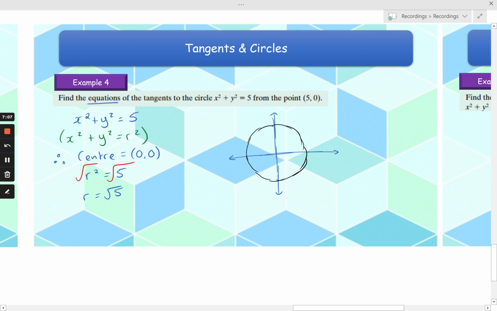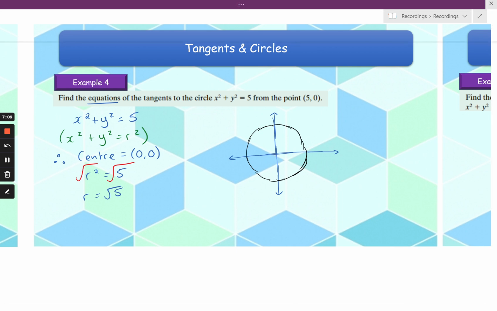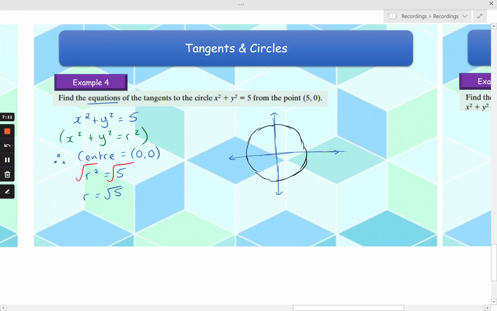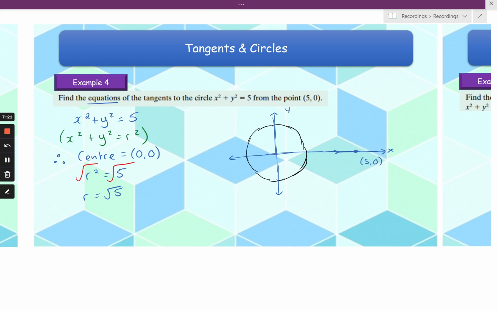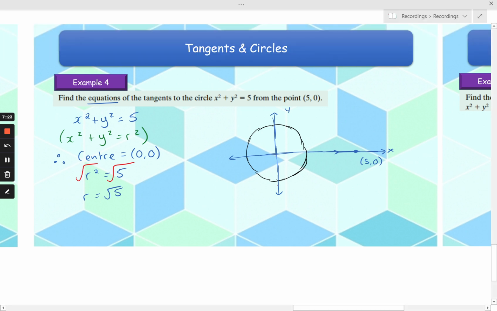They've told me that the tangent is going to go through the point 5, 0, which we know is on our x-axis. So I'm going to put that point over here as 5, 0, which means we could have two different tangents here. We could have a tangent with a positive slope where it's increasing, and we could have a tangent with a negative slope where it's decreasing. So we could have two tangents that look like this.